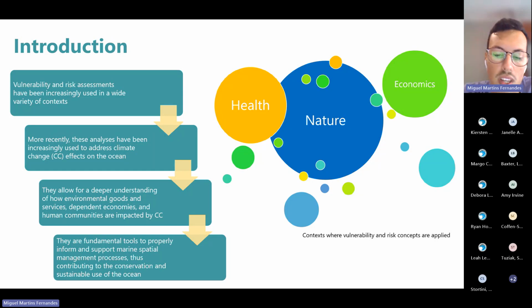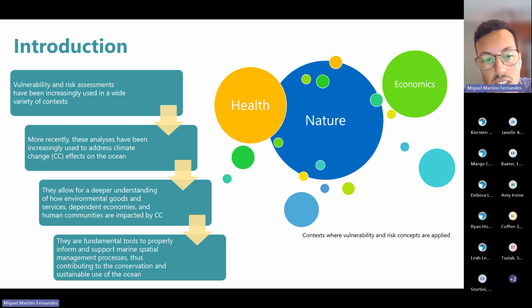And also, there are some doubts about the steps to follow, what methodologies we need to use. Despite this, they are very helpful and they are also being increasingly used to address climate change effects on the ocean and on the marine environment.